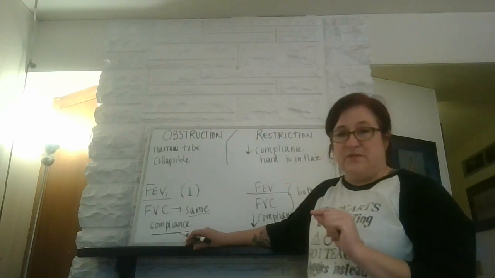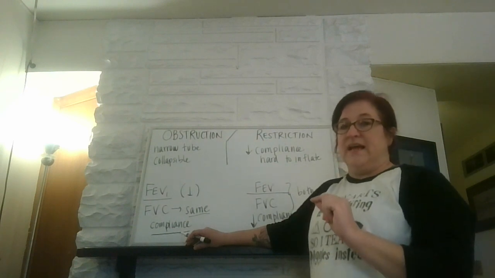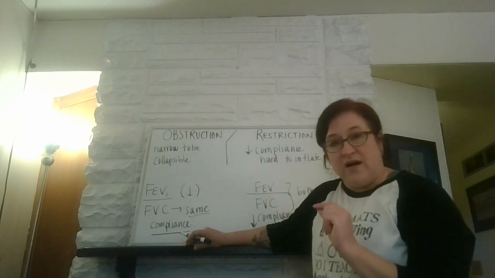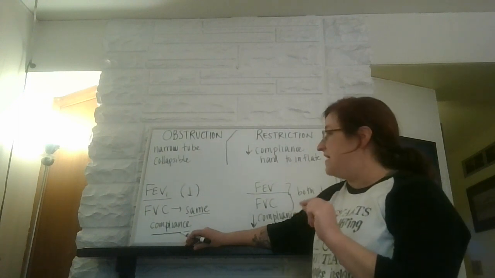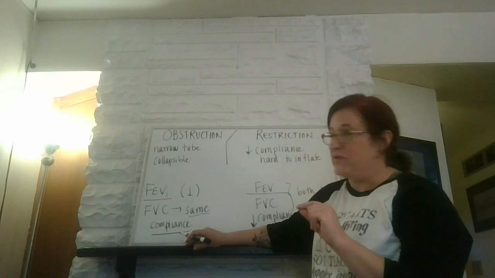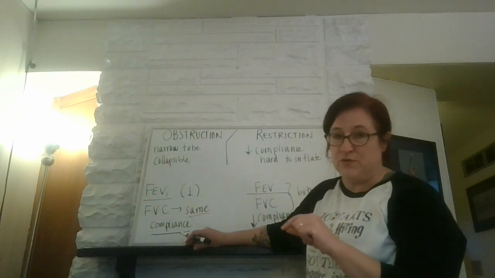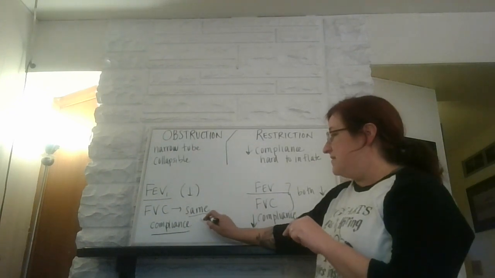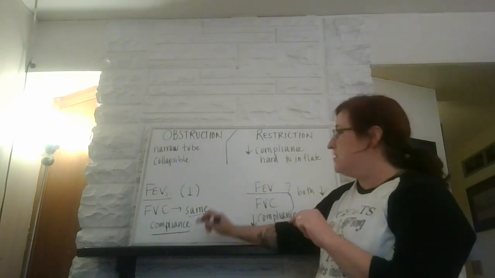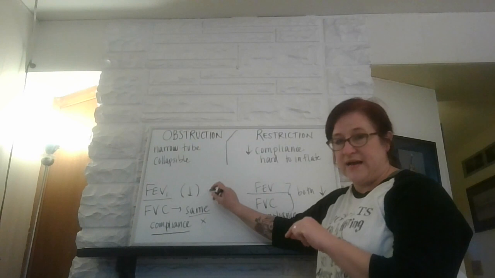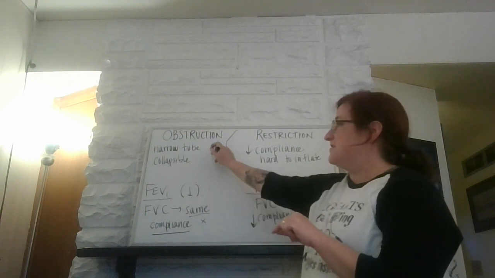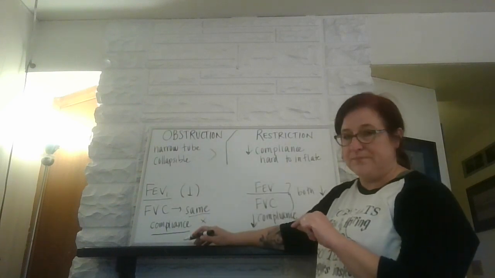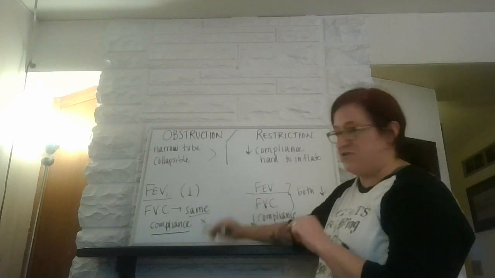If I have someone take a deep breath, as deep as they can, and blow it out hard and fast over a second, that volume would be decreased with a narrowed and collapsible tube, such as with asthma or COPD. So I would expect that the lung compliance hasn't changed, but the forced expiratory volume is decreased because of the narrow and collapsible tube. And so this ratio is decreased.